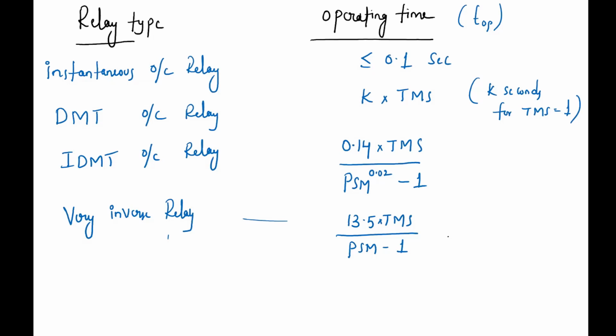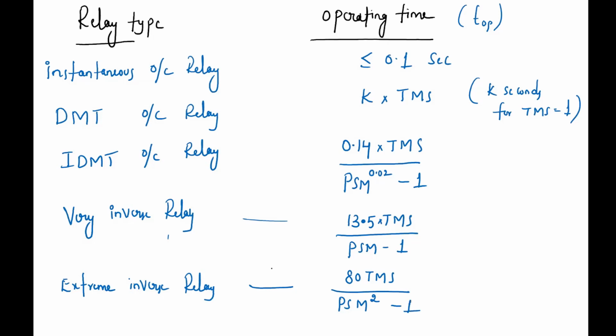For an extremely inverse relay, the operating time is 80 into TMS divided by PSM squared minus 1.